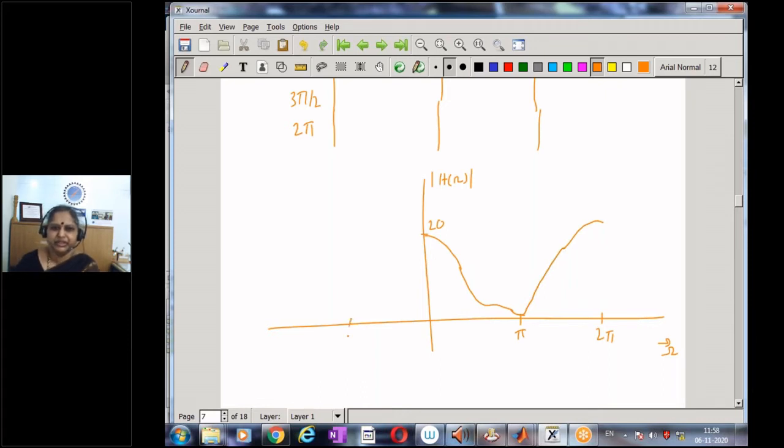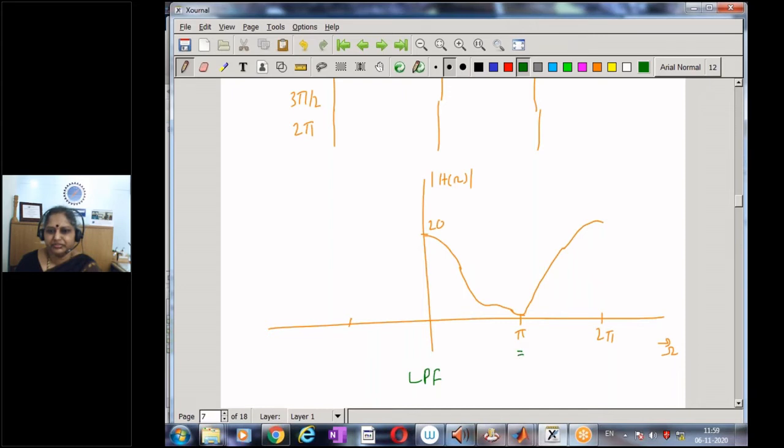This is what we have in this interval. By looking at this magnitude response, I can conclude that the system is a low pass filter because the magnitude is high around 0 and decreases around pi.